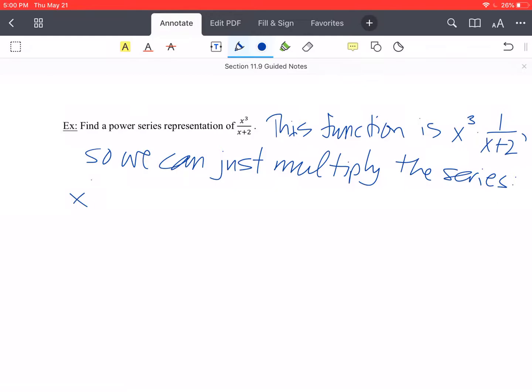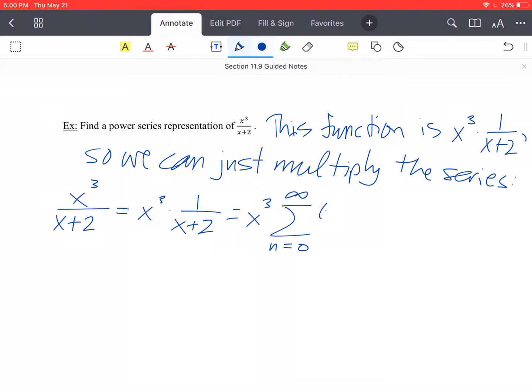Okay, so x cubed over x plus 2, and that's x cubed times 1 over x plus 2, which is x cubed times the sum that we got up above, so the sum n going from 0 to infinity, negative 1 to the n over 2 to the n plus 1 times x to the n, okay, which is, we can go ahead and bring in the x cubed in there. We can do that because it can move inside and outside of the sum because it doesn't have an n in it, because n is treated as the variable of the sum.